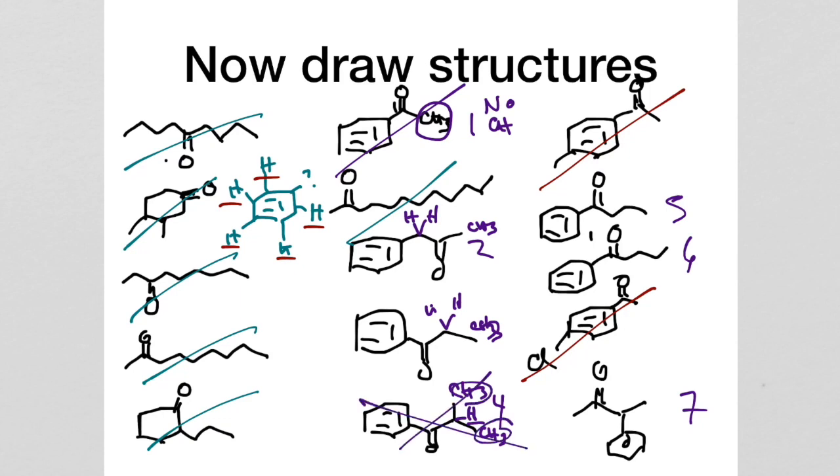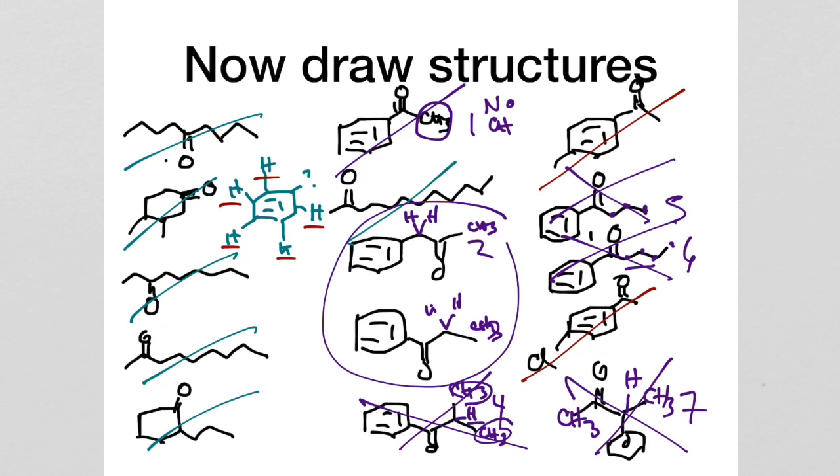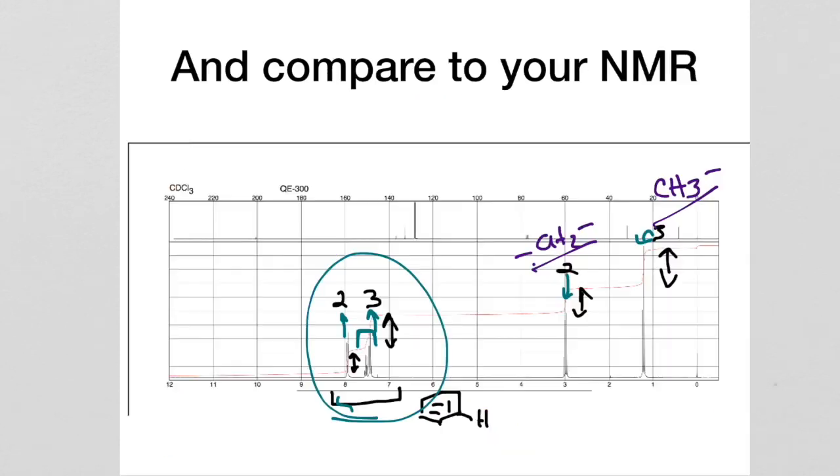That doesn't match our NMR, so out it goes. This one has a CH2, a CH2, a CH3. It doesn't match. CH2, CH2, CH2, CH3. This has 3 CH2s. It's gone. And last but not least, this one has 2 CH3 groups and a CH, so it's gone. So now we're down to just 2 possibilities, molecule 2 and molecule 3.